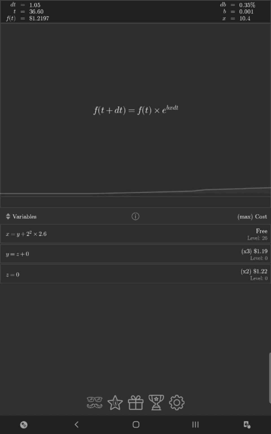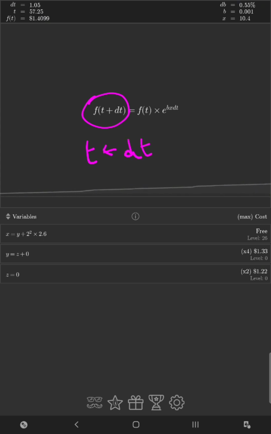So first, here there's the F bracket t plus dt, and it means that dt is added to t every second.